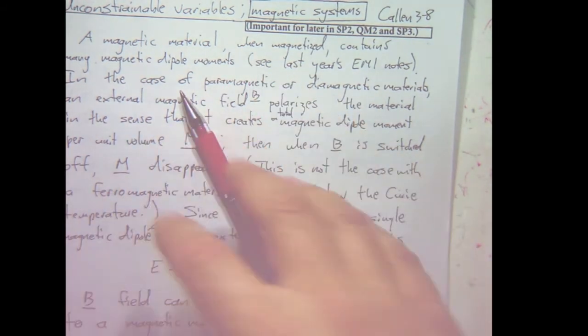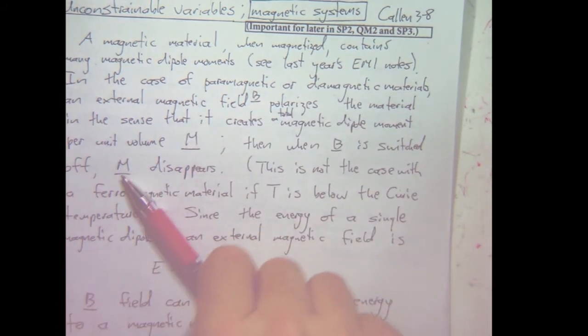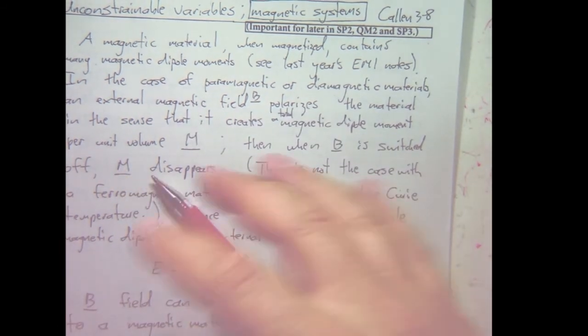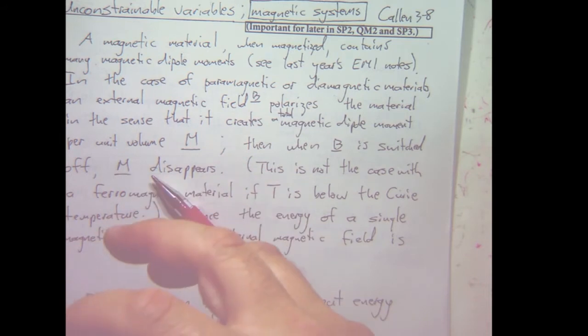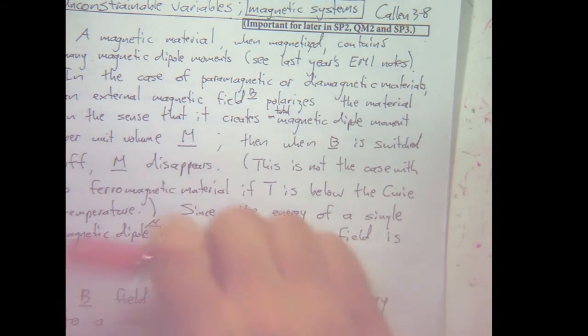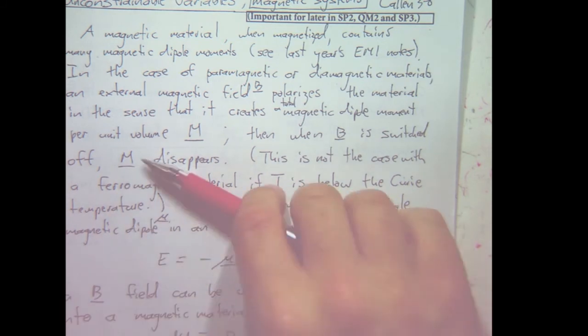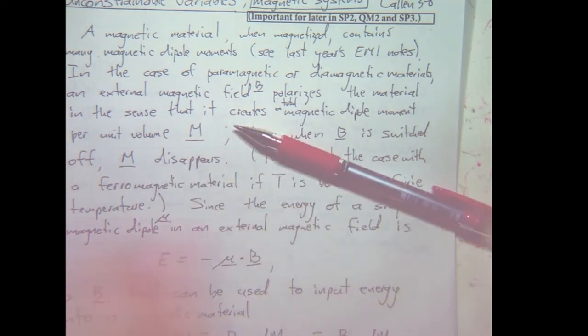It's not like a volume that you can control, because there is no mechanical way of changing the magnetization. The only way to change the magnetization is by the external magnetic field.